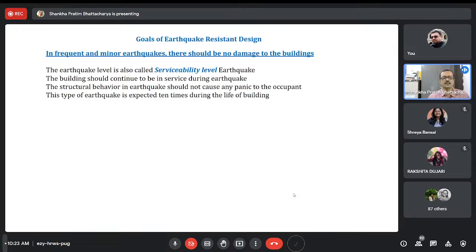See, the magnitude of the earthquake is measured by the Richter scale. Suppose 5 on the Richter scale is equivalent to some energy release. You can calculate by a mathematical formula how many joules of energy that is.